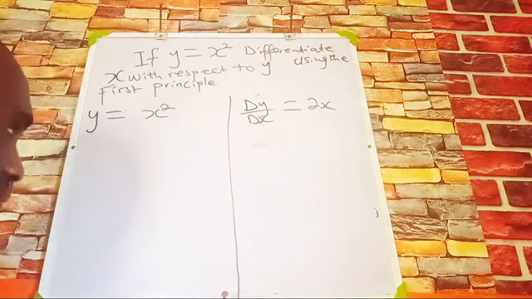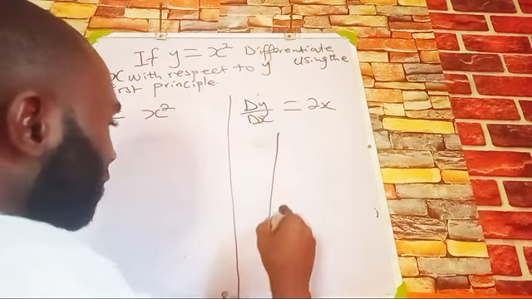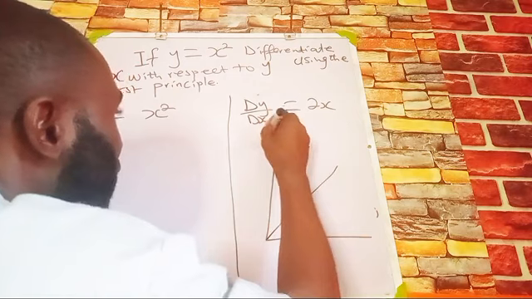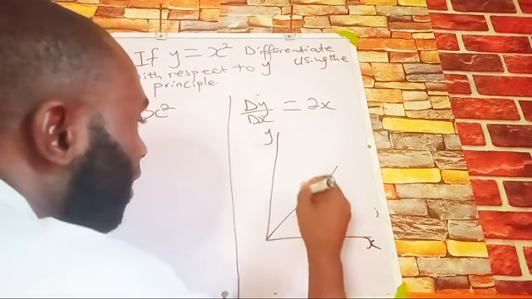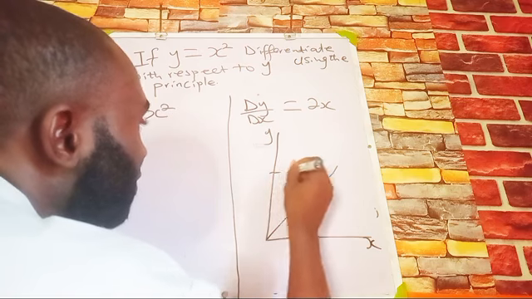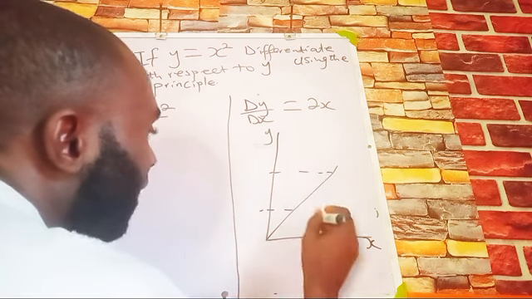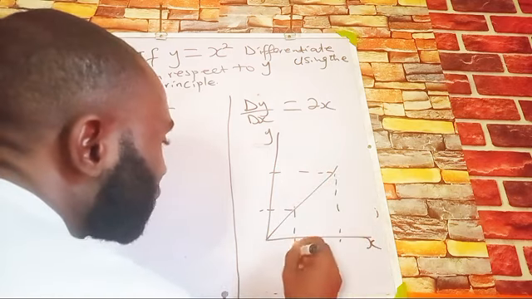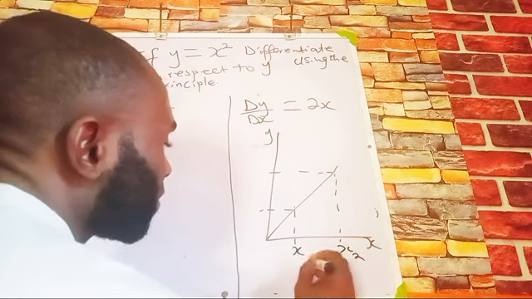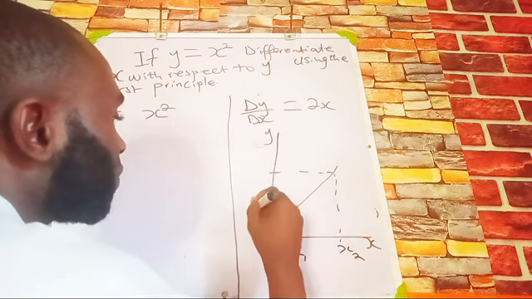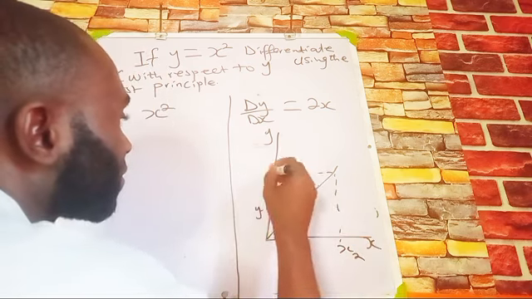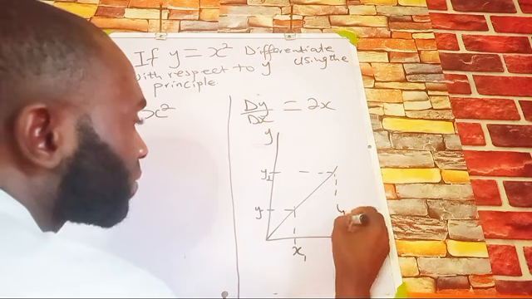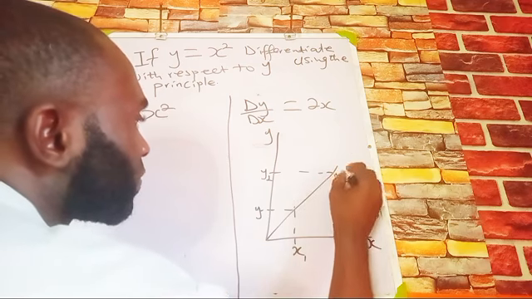So when you have a gradient, assuming this is y, this is x, and you know that these are the 2 points on y and these are the 2 points on x. Here will be x1, here will be x2, and here will be y1, here will be y2.